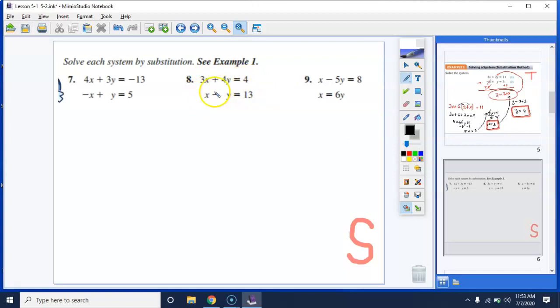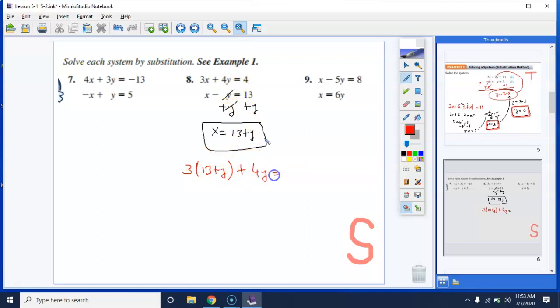Let's work here. I can get x so easily if I add y to both sides. They cancel each other: x equals 13 plus y. Here we are, I get x alone. I'm gonna take this and plug it in here. 3 times x, which is 13 plus y, plus 4y equals 4. Let's solve this.